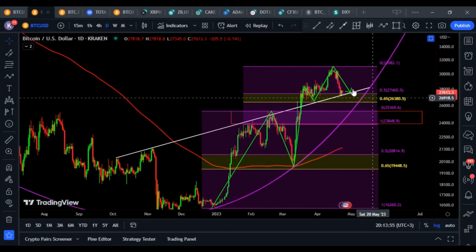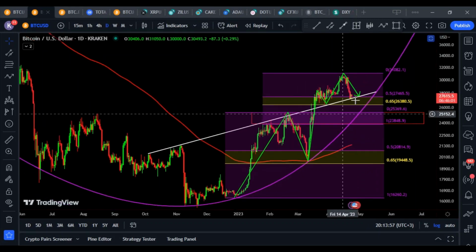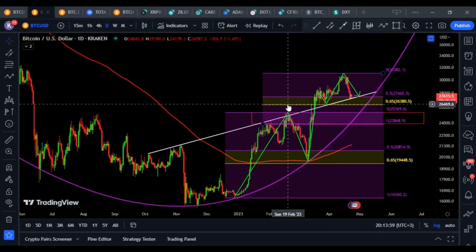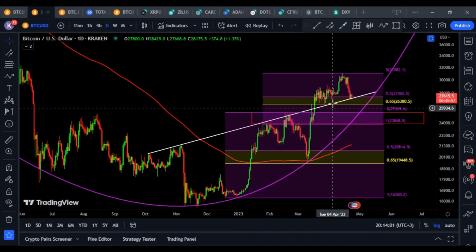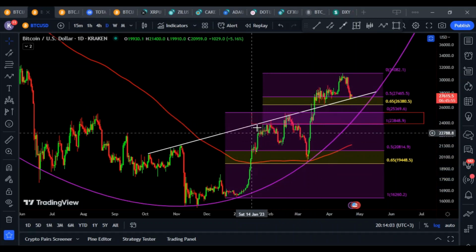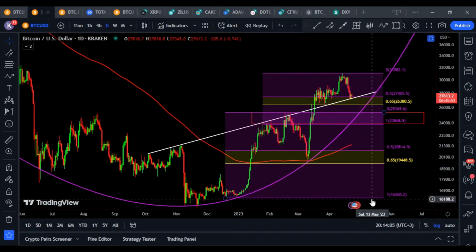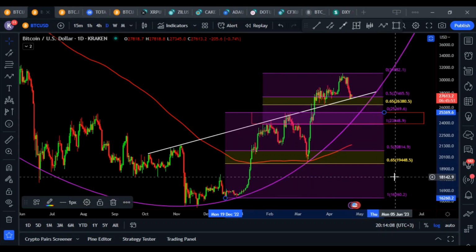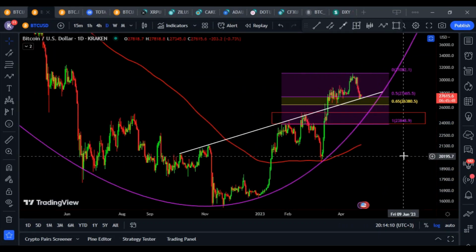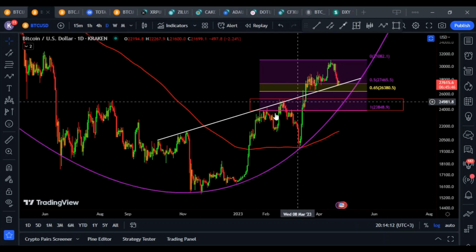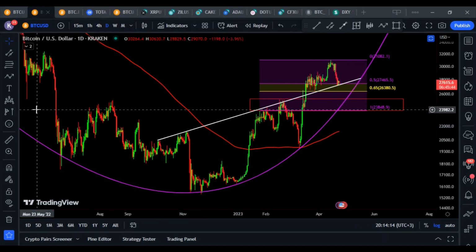But that's not all. If you can notice, we have this white trend line which is acting as a support. So I'm gonna remove those so that we can see clearer. So here we have, and let's remove this one because that is old. We don't need it at the moment. So we have this here.